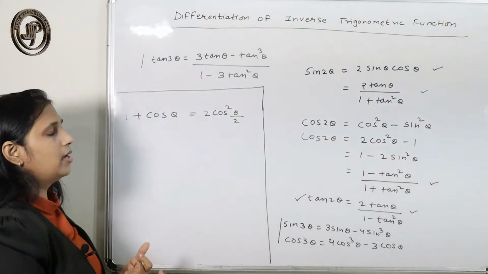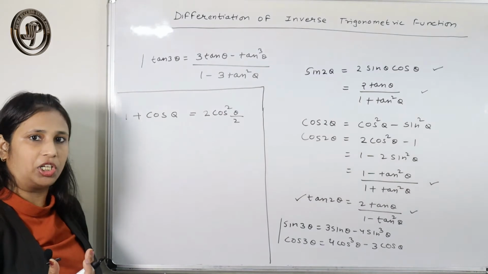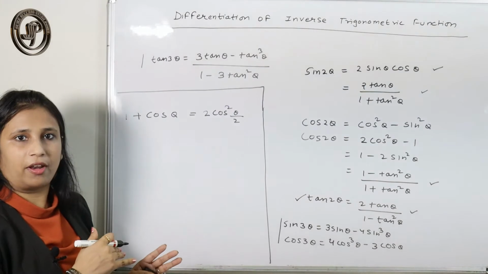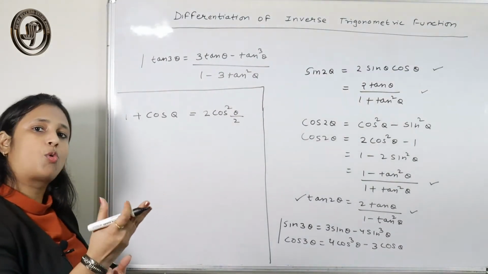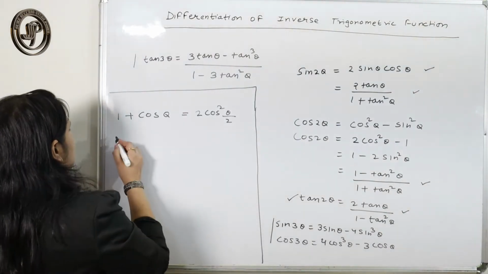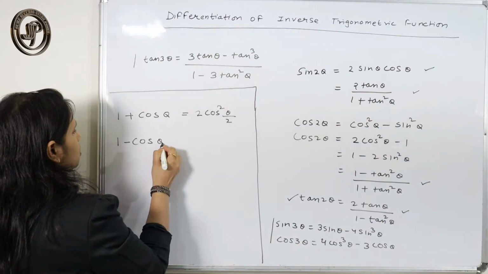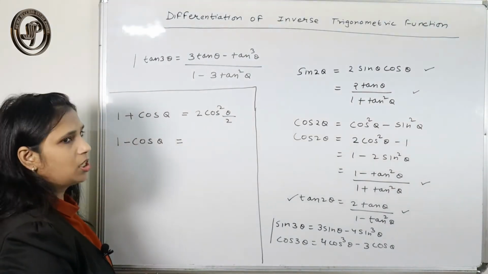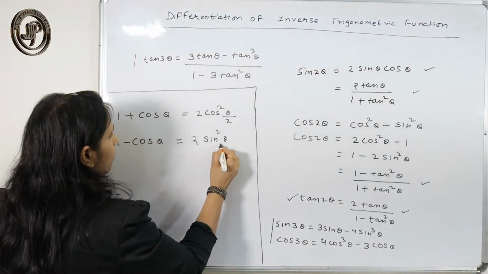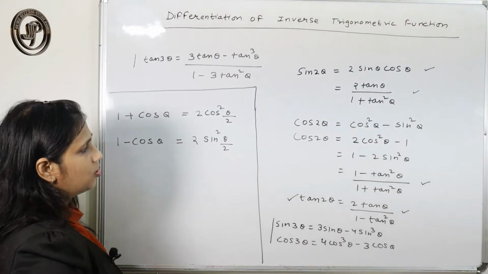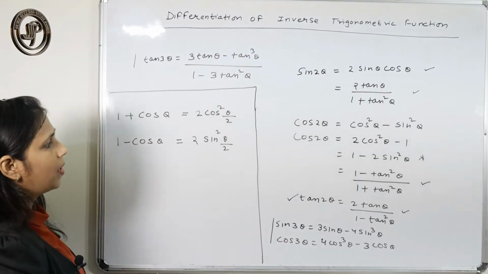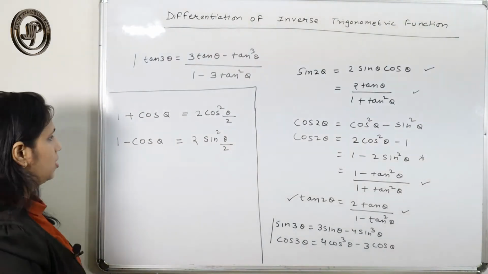So whenever in differentiation or integration you see a question with an inverse trigonometric function, like 1 plus cos theta or 1 minus cos theta, it is better to apply this formula directly. Next is 1 minus cos theta. The formula is 2 sin square theta by 2, which I have extracted from this formula, 1 minus 2 sin square theta.